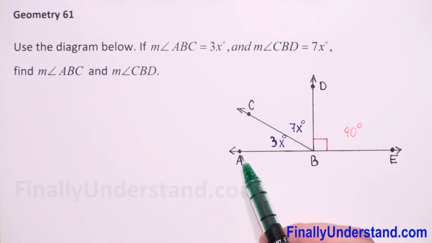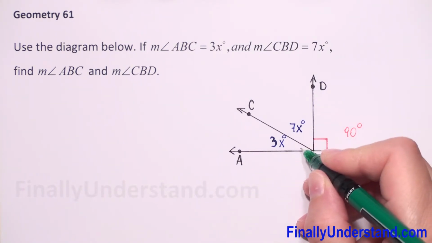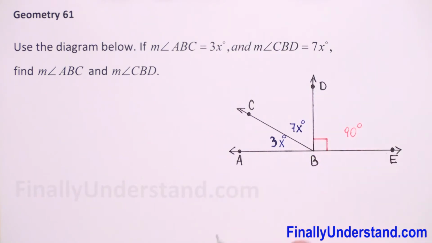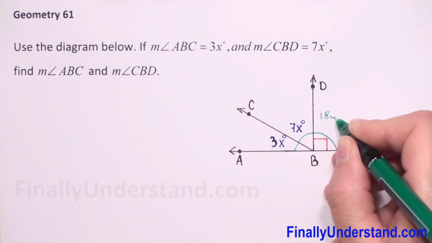What else do we have here? Because ABC lies on a straight line, it means that angle ABE is a straight angle, so this is 180 degrees.